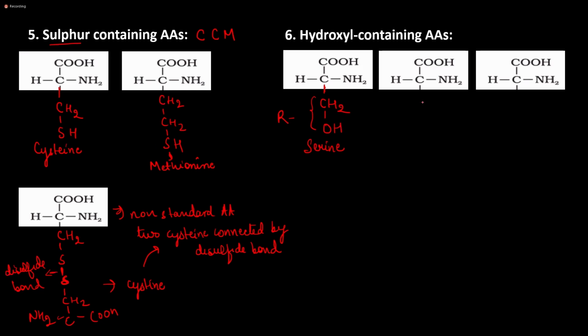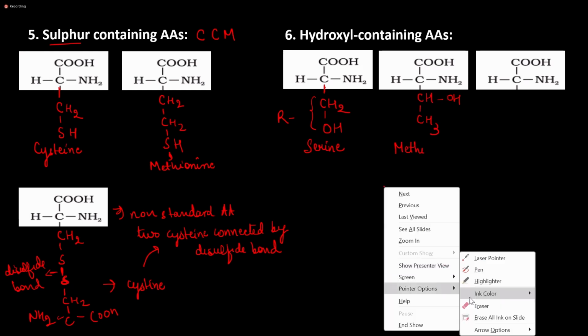Now the second is threonine. So threonine also contains this hydroxyl group, and its structure looks something like this. Okay, so instead of having OH in the end, it has OH in the beginning, and this structure is known as threonine.